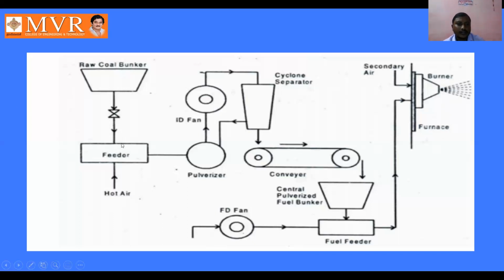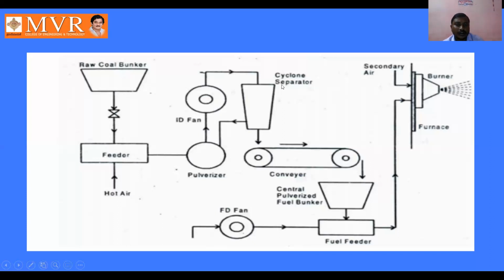enters into the pulverizer mill by using the feeder. The hot air is entered into the feeder to cool or to dry the raw coal which is coming from the bunker, after the crushing process. Then it enters into the pulverizer, and from the pulverizer through the ID fan it enters into the cyclone separator.